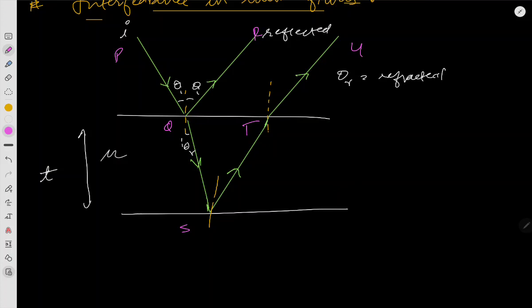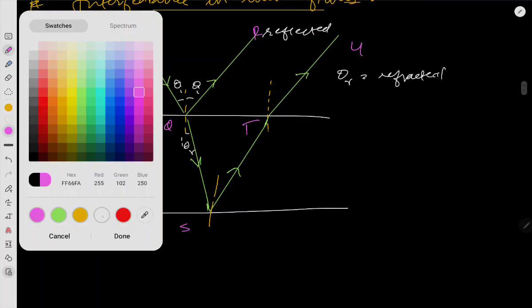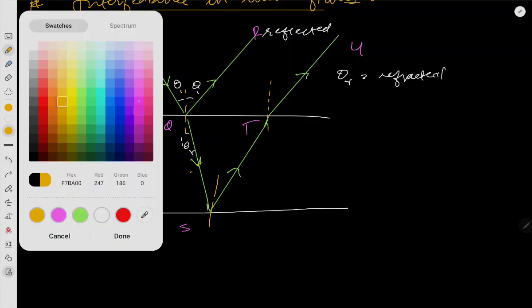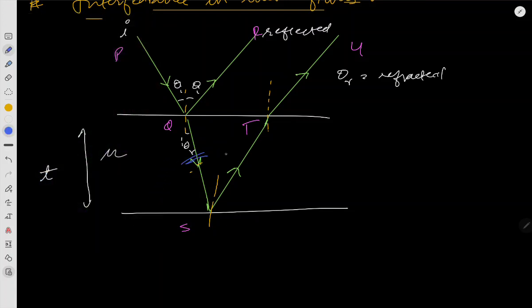Yes, that's it. So now the instant thing that should come to your mind is that these two lines must be the same.